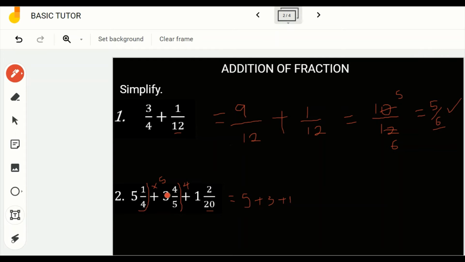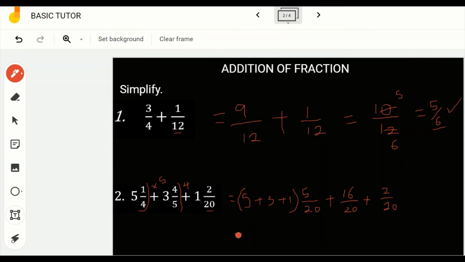So the first one, we have 5 times 1 is 5 over 5 times 4 is 20, plus 4 times 4 is 16 over 4 times 5 is 20, plus 2 over 20.